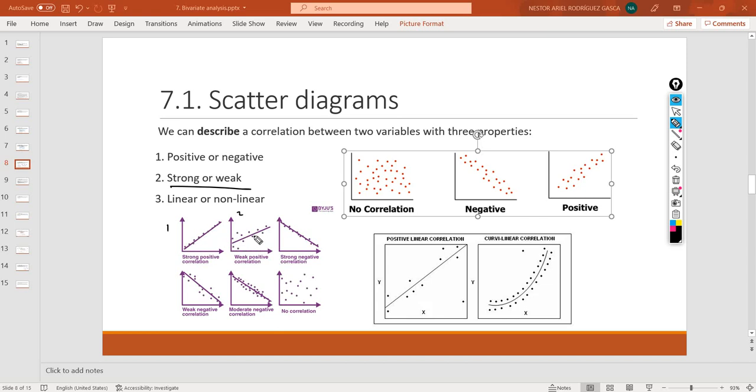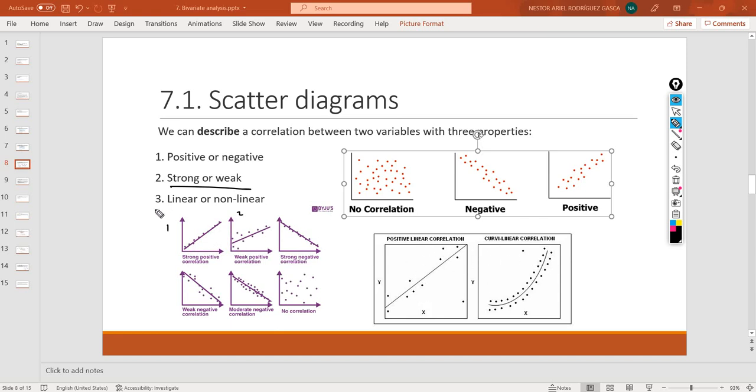You see, they don't fall that much into the straight line. That's what we call a weak positive correlation, or we can think of a moderate correlation, such as this. This is not as good a correlation as this, but it's also moderate. So moderate, strong, or weak. That's the way you can understand this. It's basically how close the points in the scatter diagram are to a specific straight line.